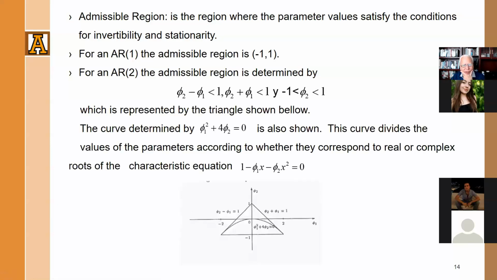Now, for an AR2, this admissible region will be represented by this triangle, and what this curve is doing is dividing the values for the parameters according to whether they correspond to real or complex roots of the characteristic polynomial. That's the admissible region. And the algorithms that are implemented in all the software packages are looking for estimates of parameters within the admissible region.